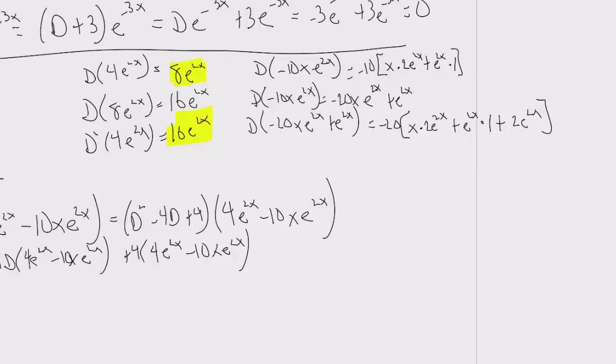I'll state the second derivative of negative 10x e to the 2x as negative 40x... Oh, did I distribute that 10 in? I did not. I just caught that I didn't distribute that negative 10 through, so it should be minus 10e to the 2x. That's going to change this.